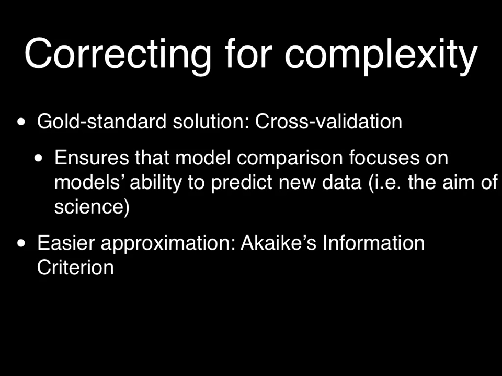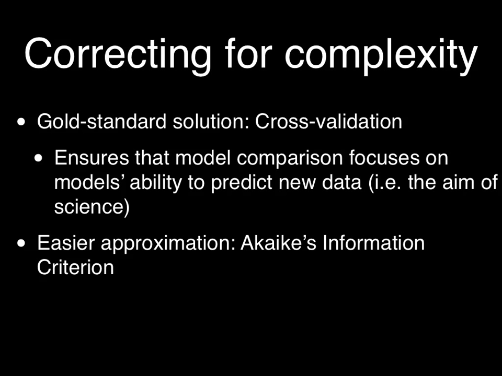So there's actually, it turns out, a nice approximation to the full process of cross-validation. It's an analytic formula that simply establishes, given this many parameters in this model, how much you should subtract out of the likelihood of the model.